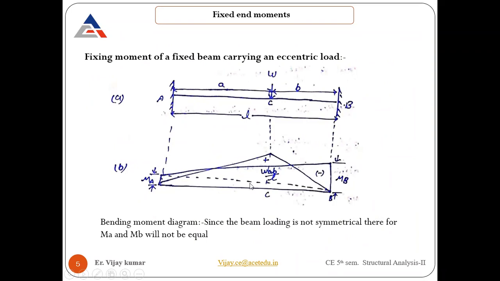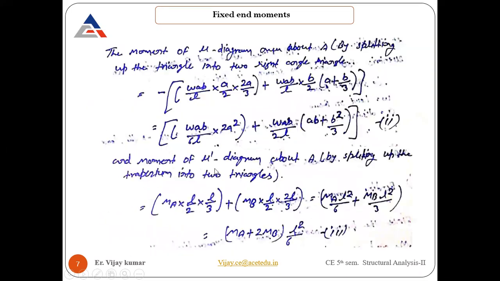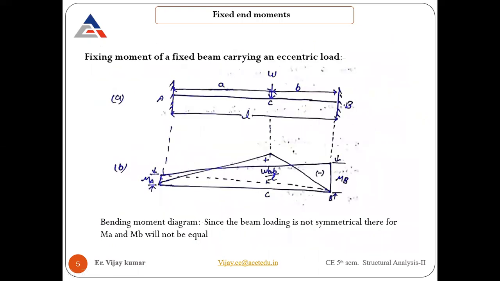As you can see, this is one triangle, the dotted line and this area, and the other one is this and this dashed line. Yes or no? We divide the trapezium into two triangles. So let me calculate their area. So MA is the height into L by 2, meaning half base into height, into where it will act. It will act at the centroid. So this is the one triangle.